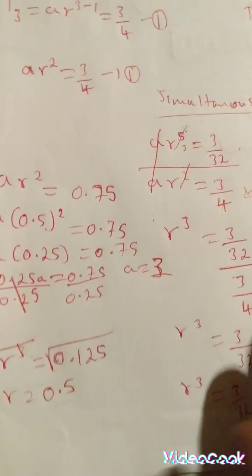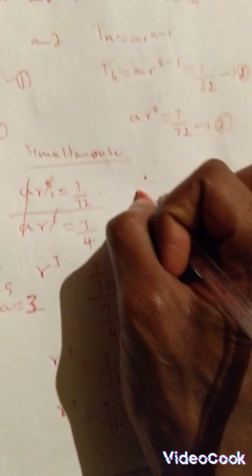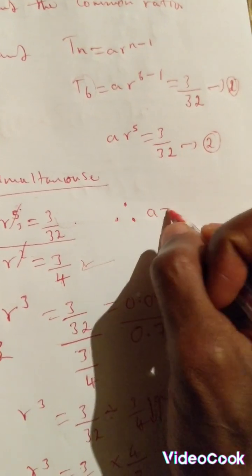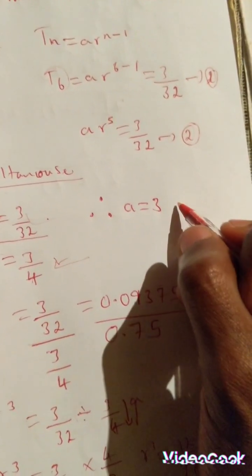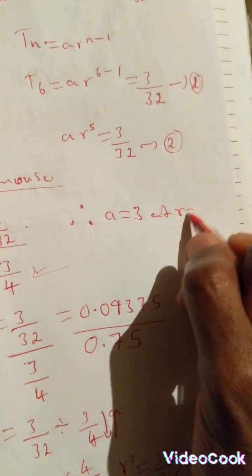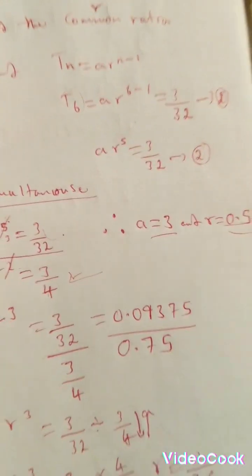The answer is 3. So we are going to say, therefore, my a is 3 and my r is 0.5. You are done.